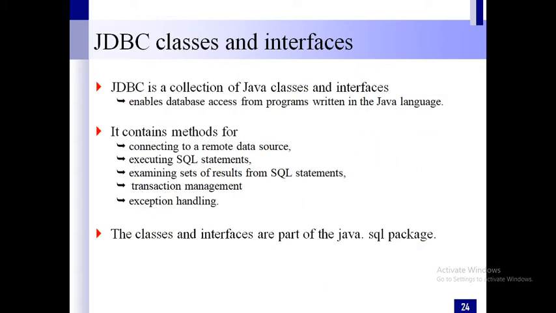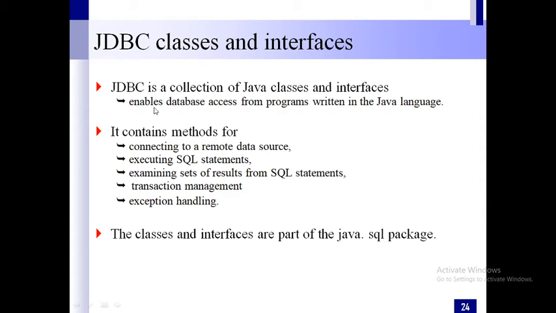Now next we'll see what all the classes and interfaces we have in JDBC. So when we say Java Database Connectivity, it is a collection of classes and interfaces. Why are these classes and interfaces required?